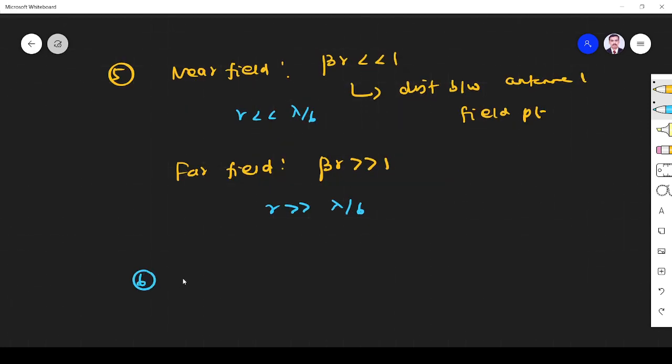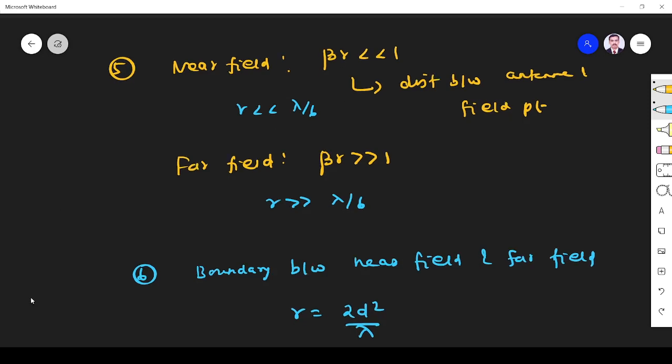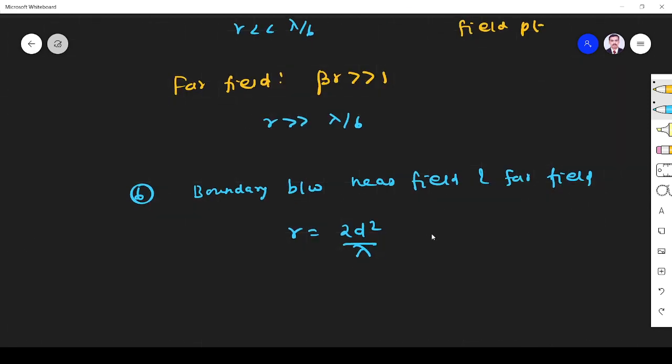The boundary between near field and far field is given by 2d squared by lambda. Here beta is nothing but the phase shift, and d is the largest dimension of the antenna.